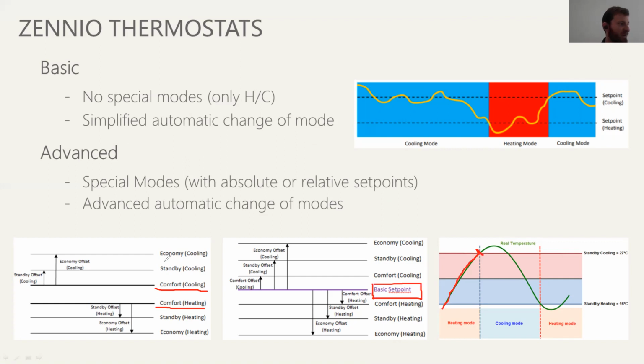I'm in standby mode. I have selected standby and automatic change of mode with an advanced thermostat. So I'm heating all the way until I get to the standby cooling set point. And then if I reach the standby cooling set point, I'm cooling all the way until I reach again the standby heating set point under that.